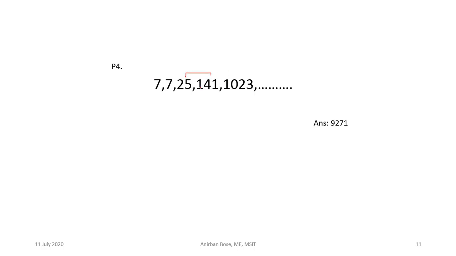So 25, 141. So 25 into 5, 125, plus 16, right? Into 5 plus 16. Okay, 141 to 1023: into 7, right? If you do into 7, then it will be 987.